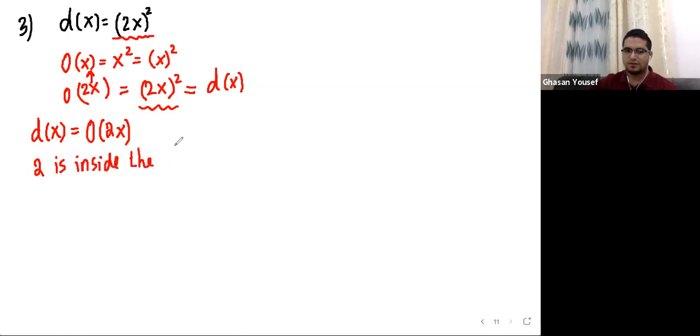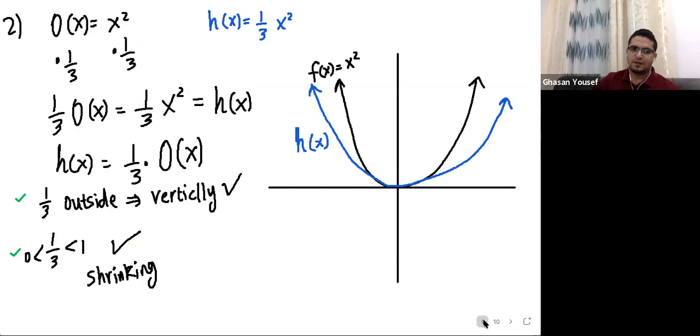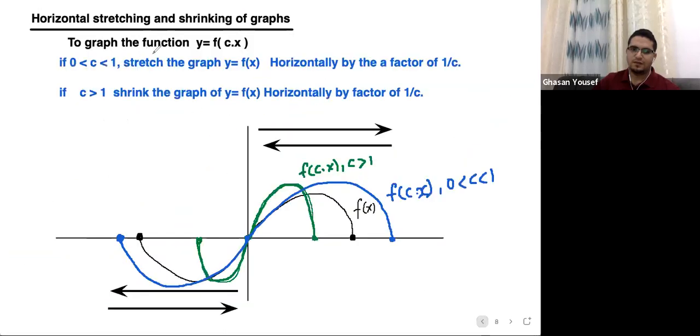The function O of x becomes O of 2x. So inside means, look, inside means horizontal. See the horizontal? Horizontal because inside.